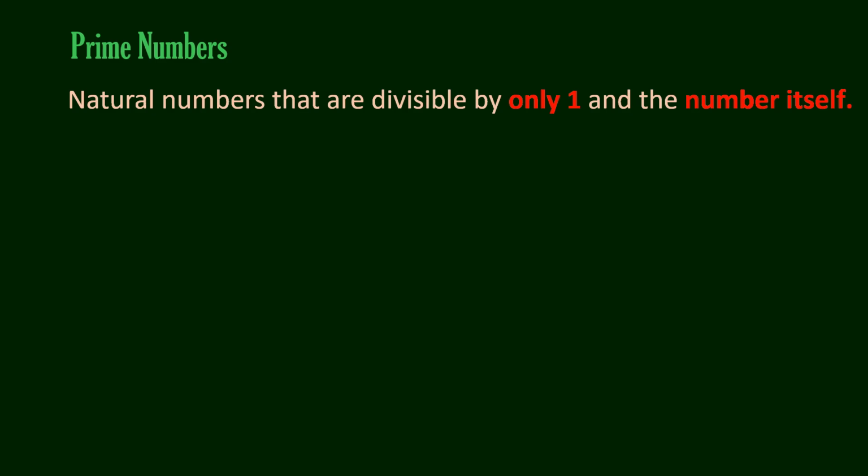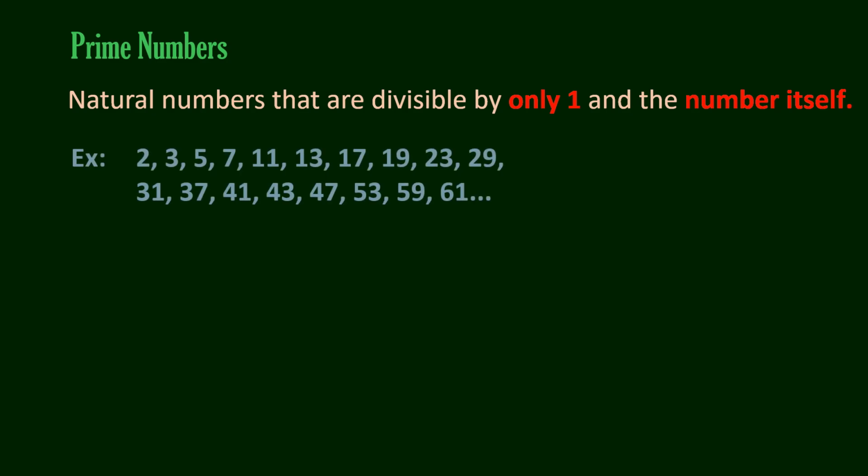It's better if you can keep in your mind the first 50 prime numbers: 2, 3, 5, 7, 11, 13, 17, 19, and so on. These numbers cannot be divided by any other number other than 1 and itself. Consider 43. 43 is divisible by only 1 and 43 itself.